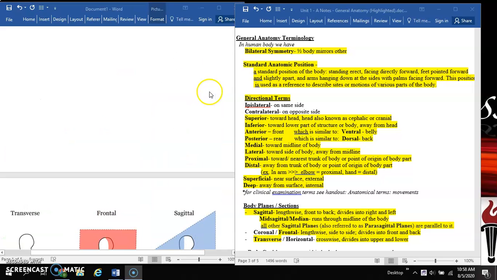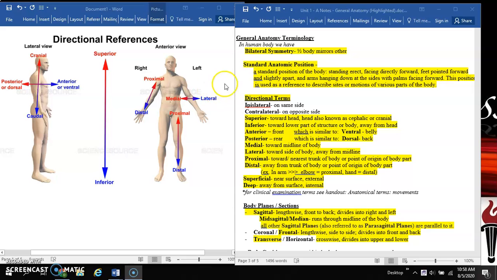Review this real quick. Just remember standard anatomical position, feet shoulder width apart, arms hanging to the side with the palms facing forward. Superior is basically up, inferior is down, anterior and ventral are front, posterior and dorsal are back.